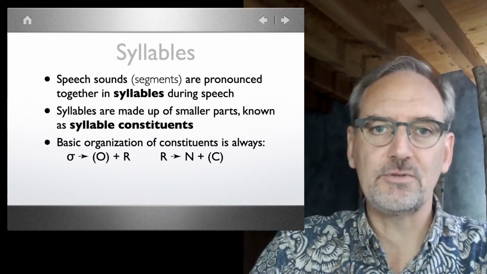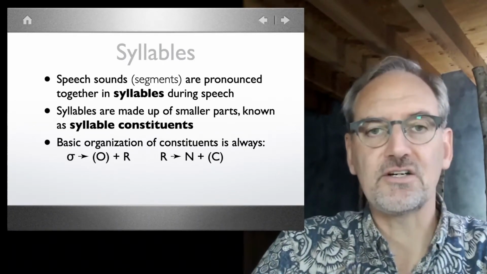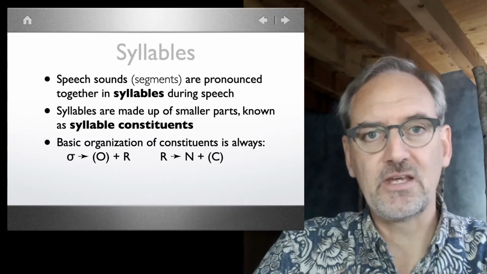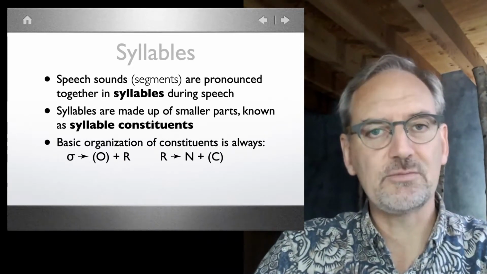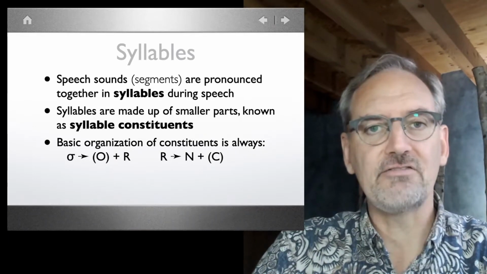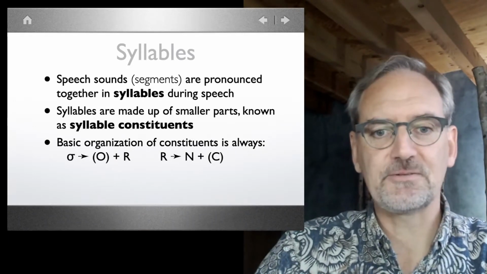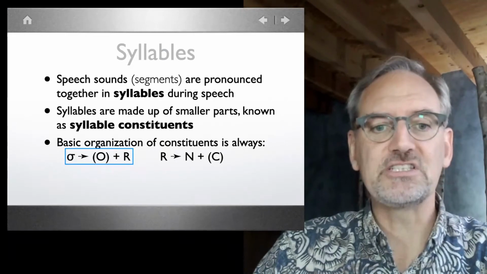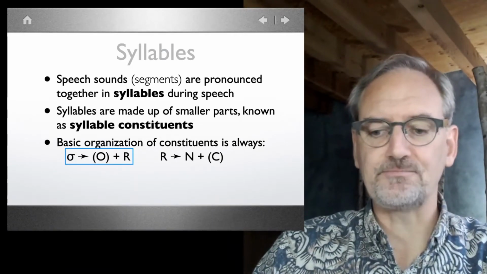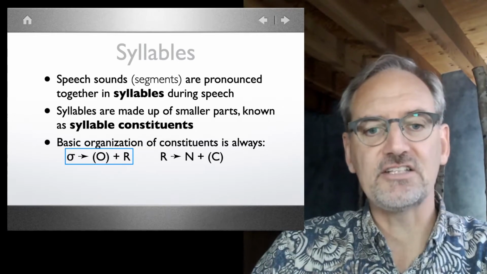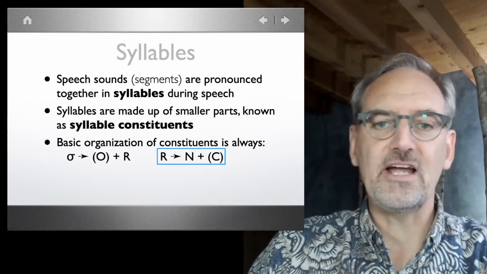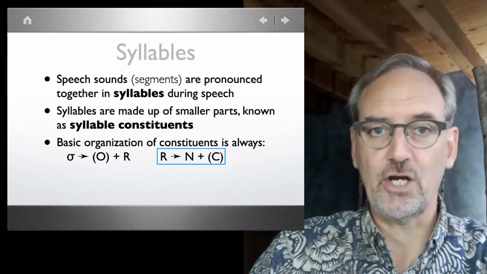There are syllables with a coda, and there are syllables without a coda. But there are no syllables without a nucleus. Every syllable must have a rhyme, every rhyme must have a nucleus. That's going to be a basic principle we see again and again. So the syllable is divided into the onset and the rhyme, and the rhyme is divided into the nucleus and the coda.